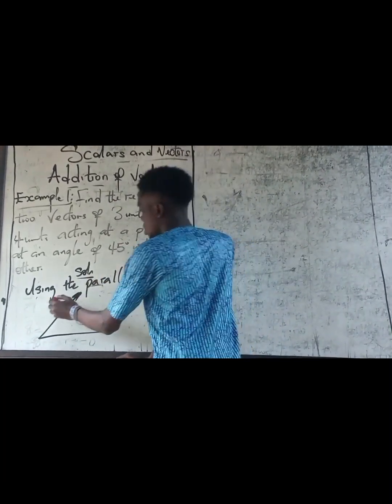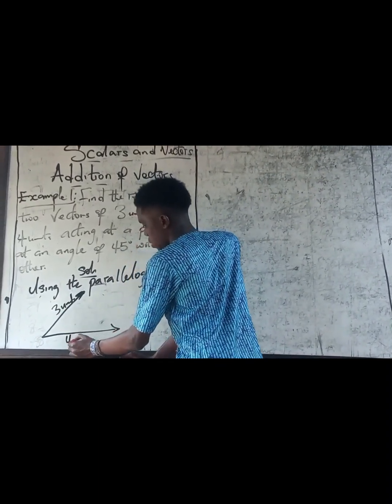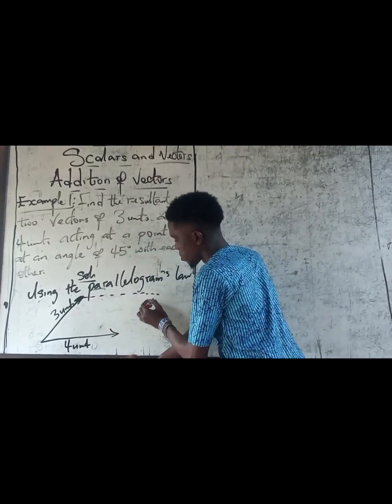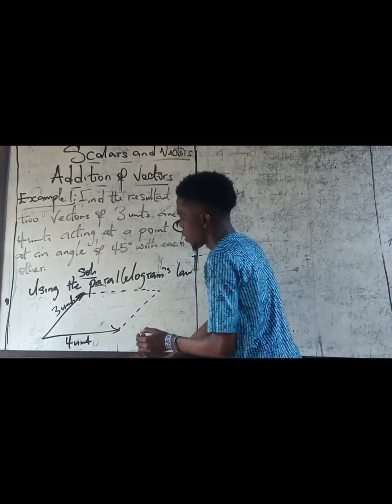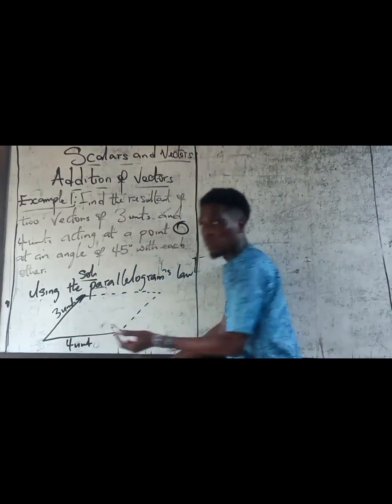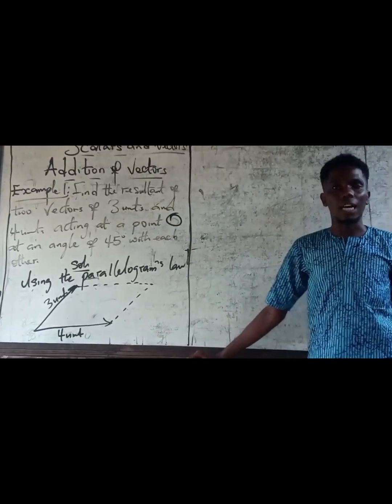We'll call this 3 units. So this has to be shorter than this, while this will be longer. Now this here is our diagonal. Remember we said the resultant vector is the length of the diagonal.